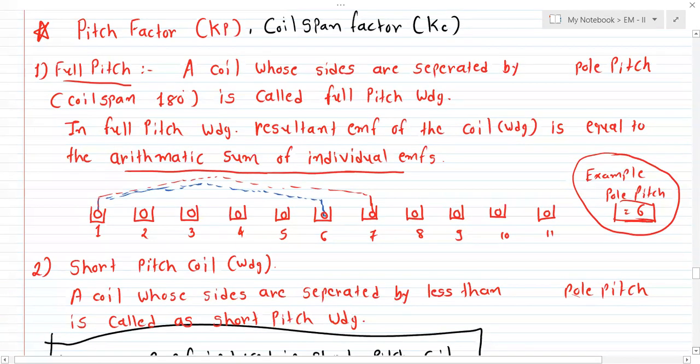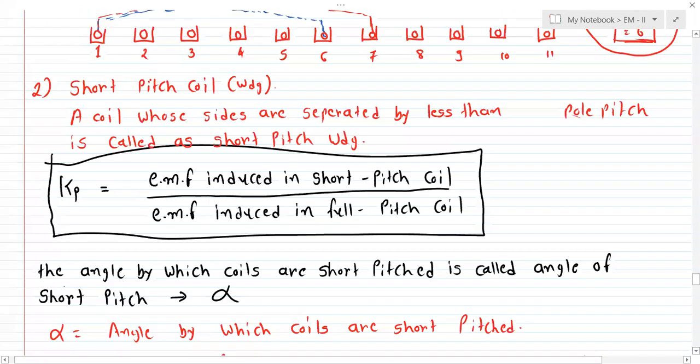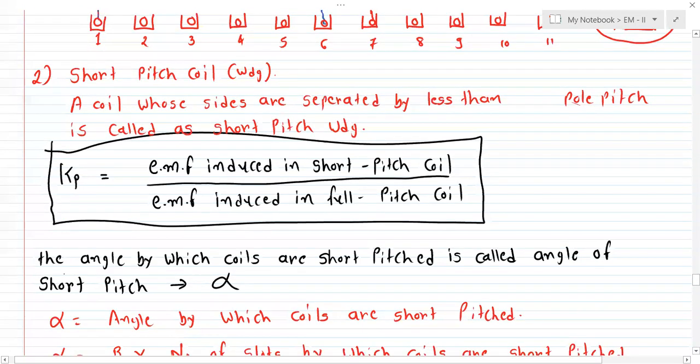So we derived the equation of the pitch factor. When we have a winding of a full pitch or a short pitch, that pitch factor is useful. The pitch factor is the ratio of the EMF generated in a short pitch coil to the EMF generated in the full pitch coil.